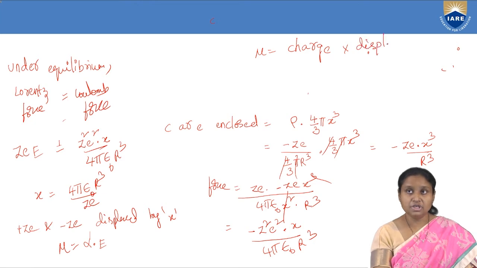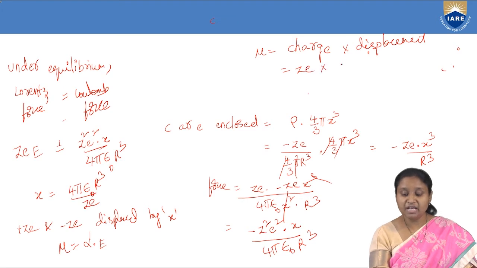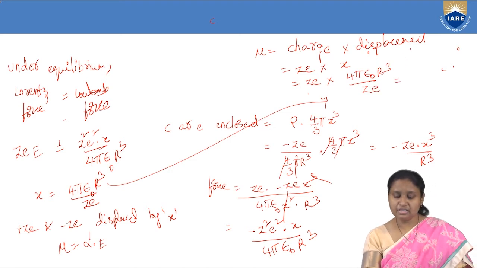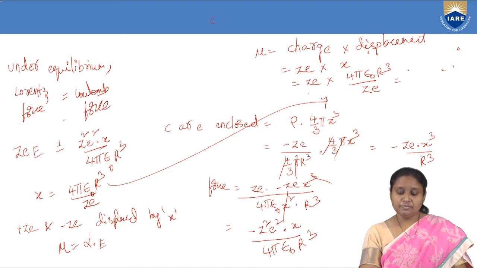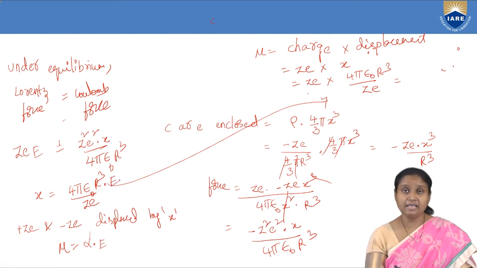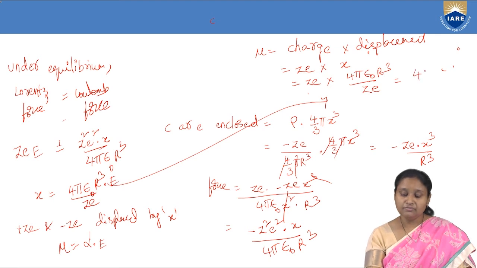So what is our charge? Charge is Ze, and they are separated by distance x. And if I substitute the x value here, x is 4 pi epsilon naught r cube E by Ze. And if I substitute here, then we get our induced dipole moment as 4 pi epsilon naught r cube into E, where Ze will get cancelled.